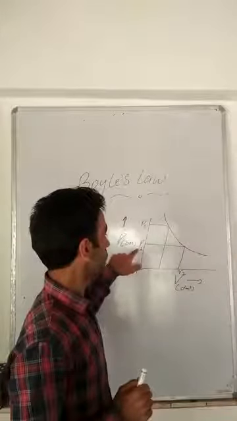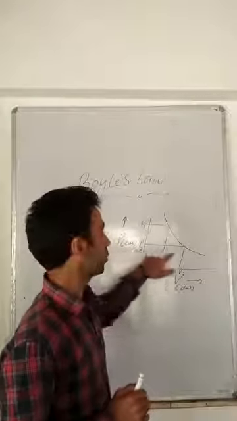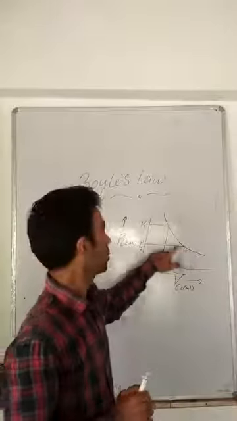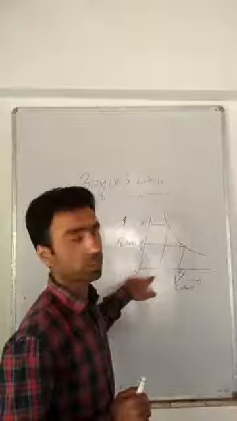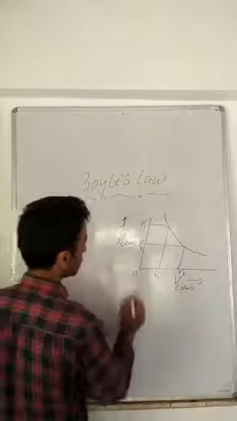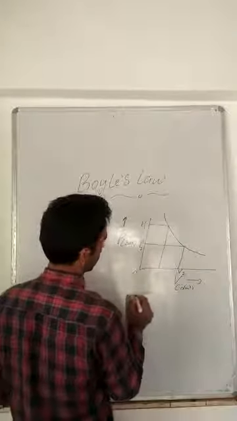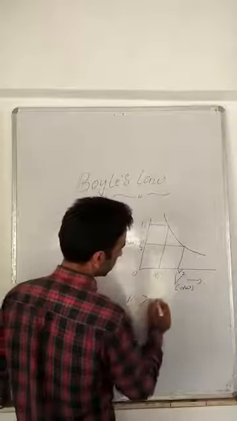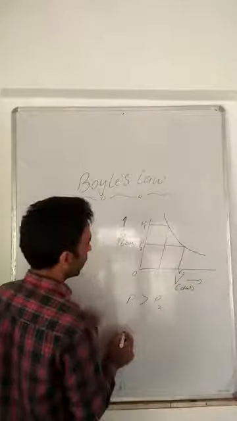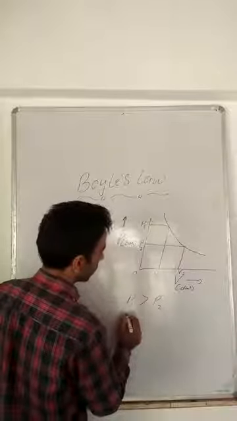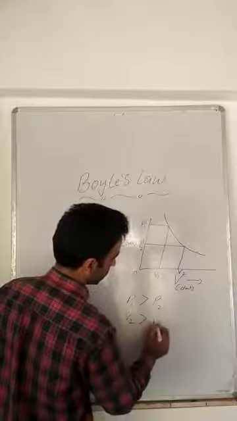At P2, which is a lower value of pressure, we have the volume V2. If I am increasing the pressure, what is happening to volume? Volume decreases. That means in this graph the magnitude of P1 is higher than that of P2, and we have an inverse relationship over here. The magnitude of V2 is greater than that of V1.